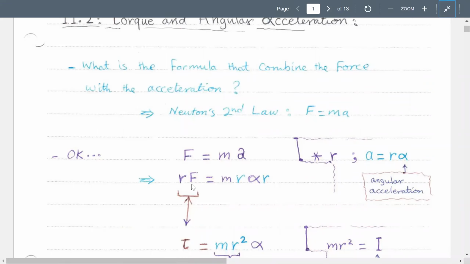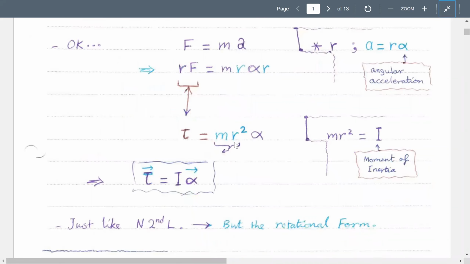R multiplied by F is the torque. We just talked about it. We have R alpha R. So R with R is R squared. We have R squared multiplied by alpha.